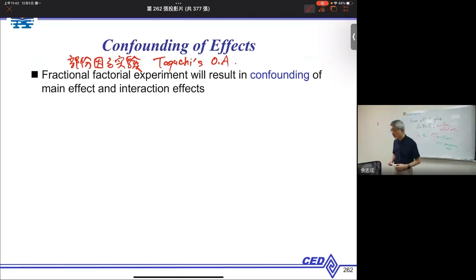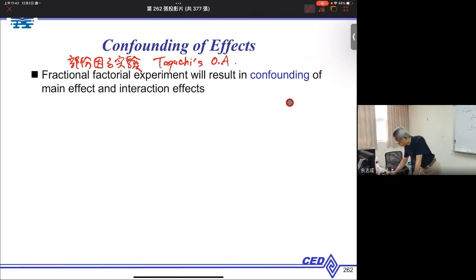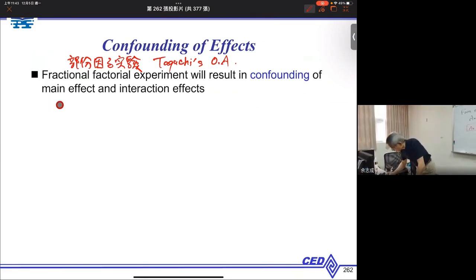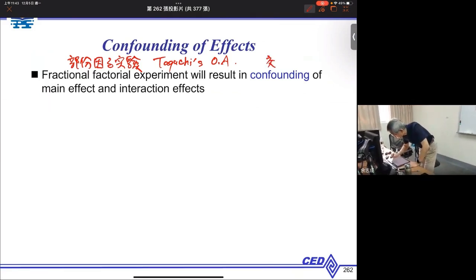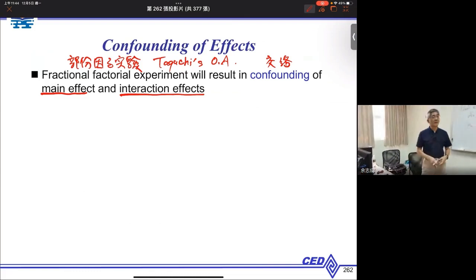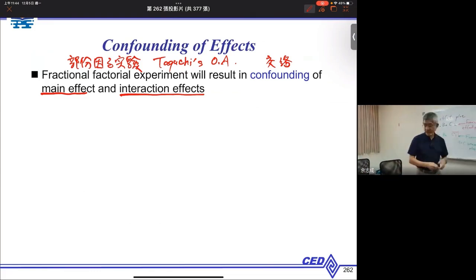And the fractional factorial experiment will cause the confounding of the main effects and the interaction effects. Confounding means 交弱, mixing. The main effect will be confounded with interaction effects. I'm going to explain what that means.